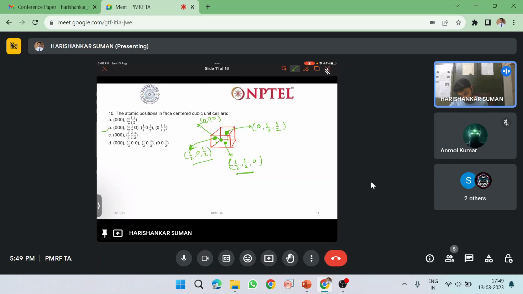So B. Yes, B will be the answer for the atomic position in the face-centered cubic.